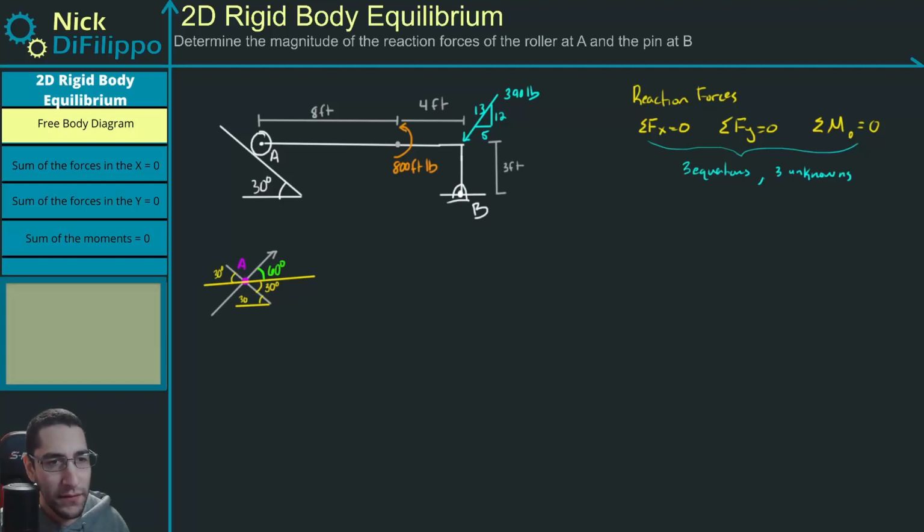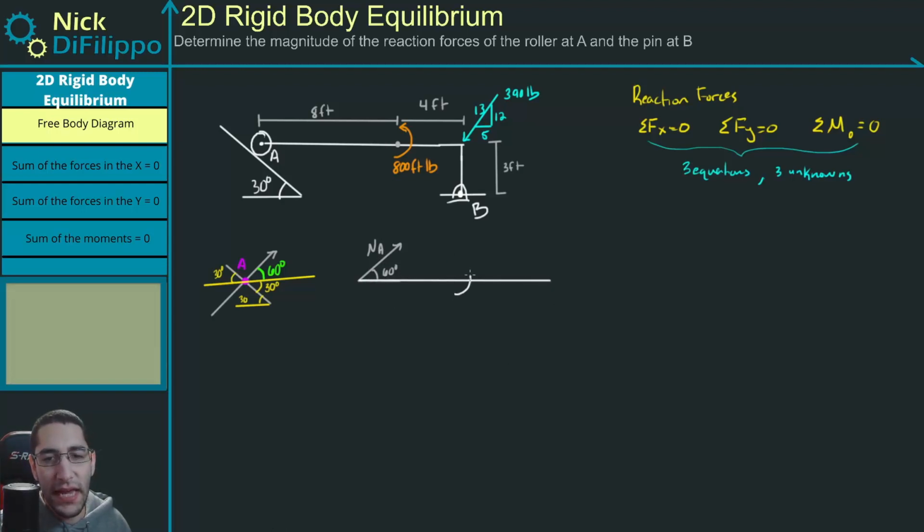So I'm going to redraw this just so it's a little bit cleaner. I'm going to have a reaction force at 60 degrees, and let's call this my normal force at A. All right, and let me draw the bar. So the bar is going to be here.